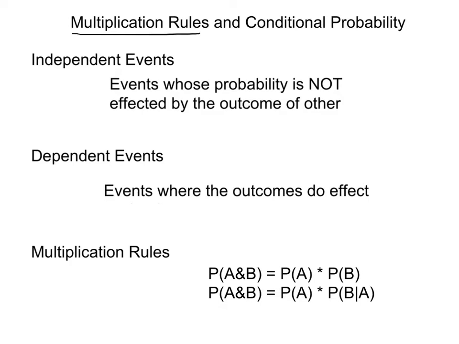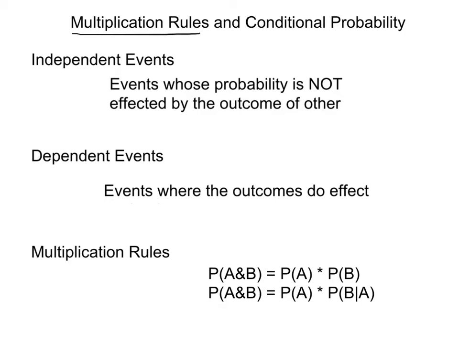Well, if I have 52 cards in the deck to start, after I've dealt one card, there's only 51 cards. For example, if I go to select a jack and a jack is dealt, it's a 4 out of 52 chance of occurring. But if I want to deal another jack, there's only 3 jacks left in the deck and there's only 51 cards. So that would be a dependent event.